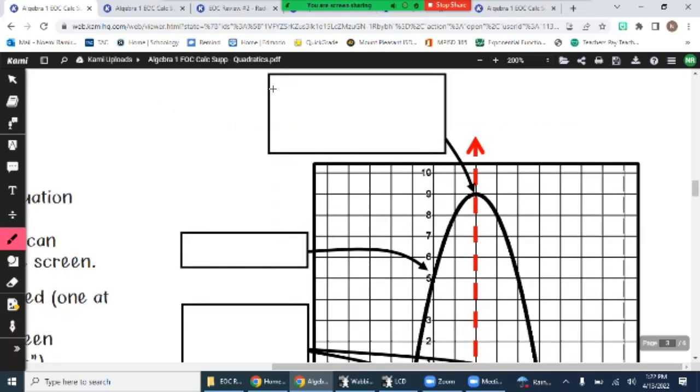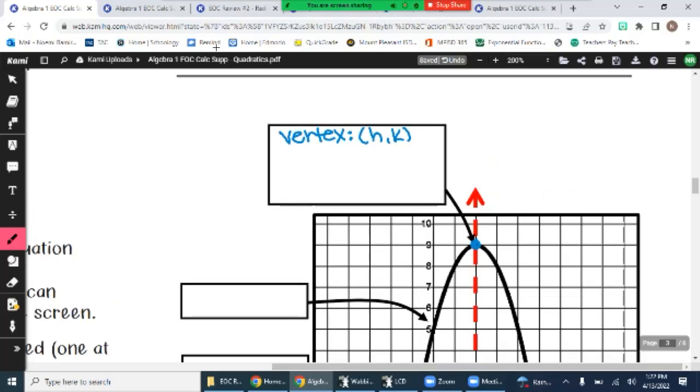These are some easy questions that you could be asked on the STAR test. For example, what is the vertex? This arrow right here is pointing to the vertex. It's pointing to the very top of the parabola. That is called your vertex. Yes, you would identify it as an x and a y value, but once again, we use the variables h and k for the vertex in algebra. It's still an x and y coordinate.